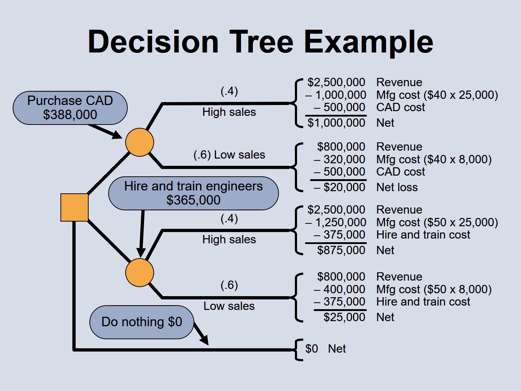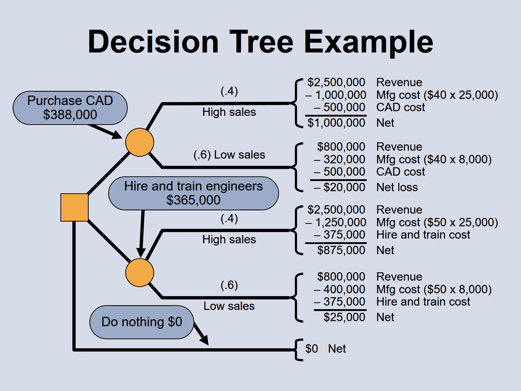Looking at the hire and train engineers, same revenue. Manufacturing costs would be higher, $1,250,000. Hire and training cost of these employees would be $375,000 for a net of $875,000 for high sales. Low sales, on the other hand, the revenue would be $800,000, again as in the example above.